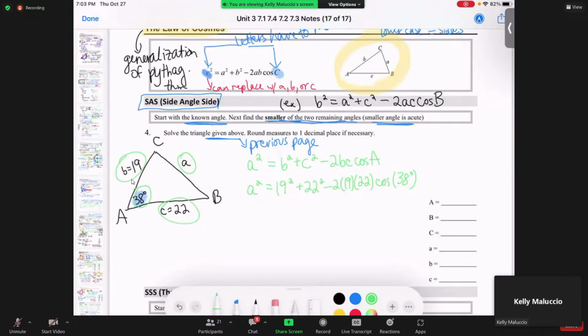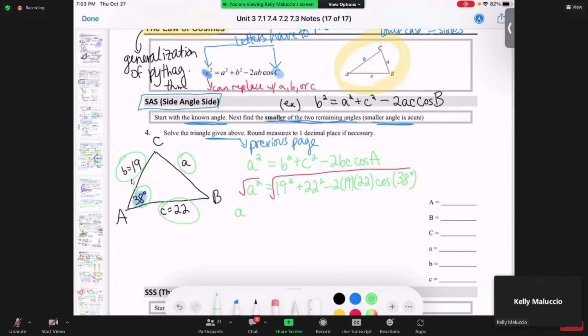Don't worry about it. Now, however, when you're rounding this, I would not round this yet. What I would do, and I know I'm writing a lot here, is take the square root of both sides. Luckily, we can only have positive numbers here, so we don't have to do plus or minus, right?